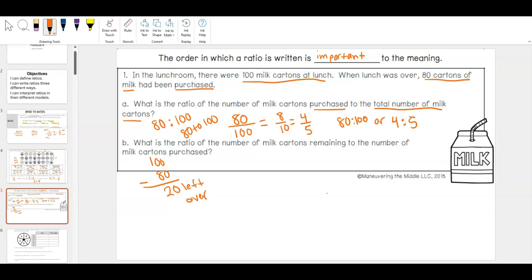So the number of milk cartons remaining would be 20, and the number of milk cartons that were purchased was 80. So again, it's 20 to 80, or 1 to 4. Both of these would be true because this is simplified and this one's not.